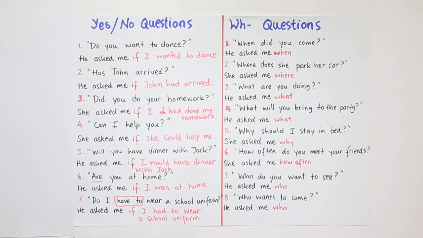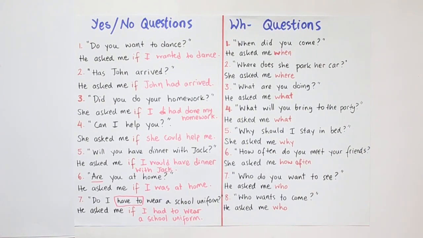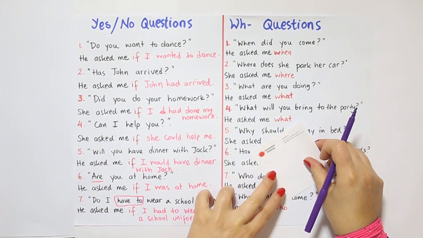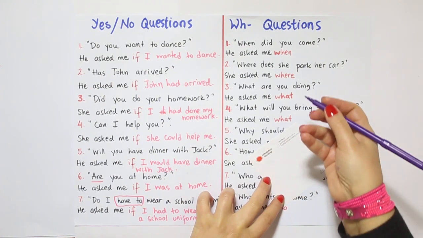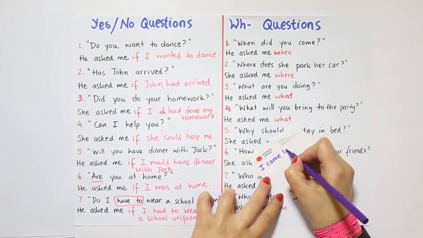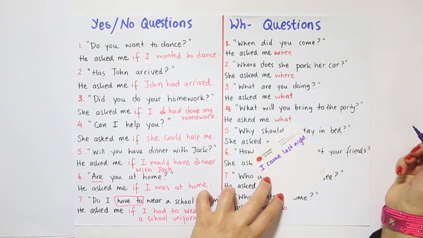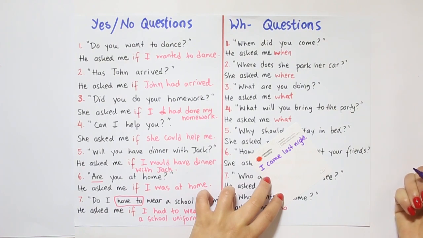Look at the first one. When did you come? He asked me, what tense is it? If it were an affirmative sentence, what would I say? When did you come? I came last night. Right? We said it's not going to be a question anymore.